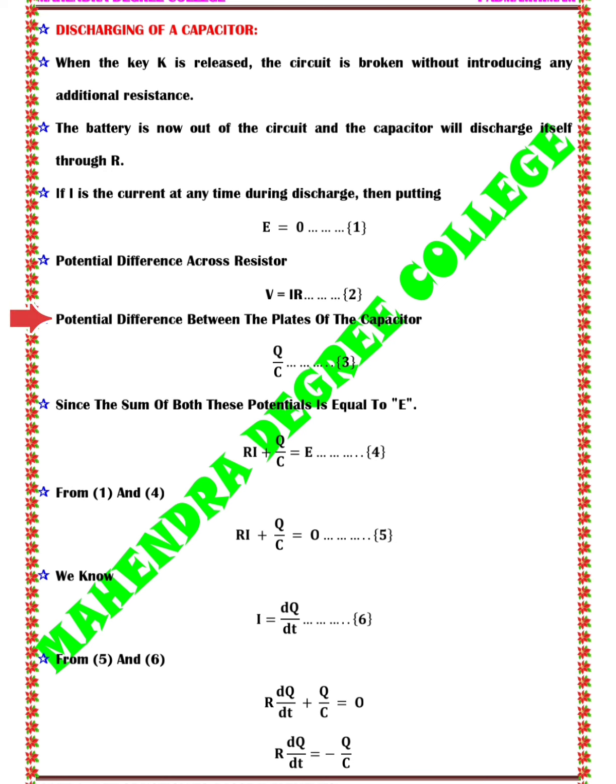Potential difference V between the plates of the capacitor equals Q divided by C. This is equation number 3, where V is the potential difference in volts, Q is the charge on the capacitor in coulombs, C is the capacitance in farads.